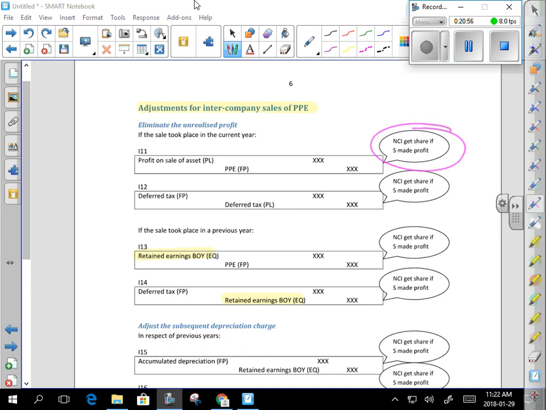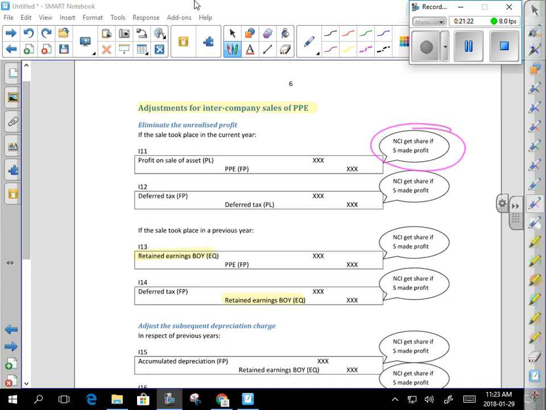All right. But if S made the profit on the original transaction, that's why on any of the undergrad videos with Ralyn, she'll be screaming at the top of her voice, who made the profit? Because if S made the profit, you need this entry.